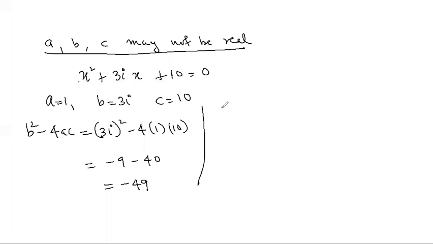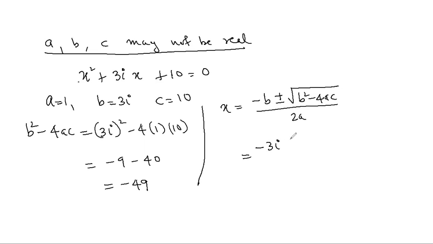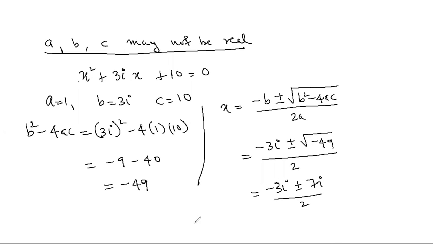Now calculate x. x = minus b plus or minus root b square minus 4ac upon 2a. Minus b becomes minus 3i, plus or minus root of minus 49 upon 2. What is root of minus 49? Plus or minus 7i.